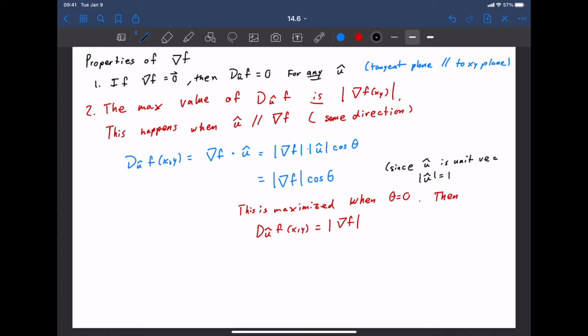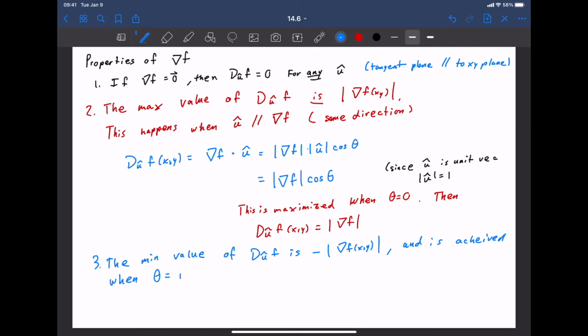And then number 3, it's sort of the same thing, but just to put a fine point on it, the min value of this is the negative version of that magnitude, and is achieved when theta equals pi, right?